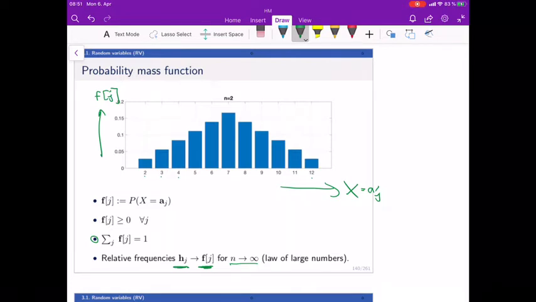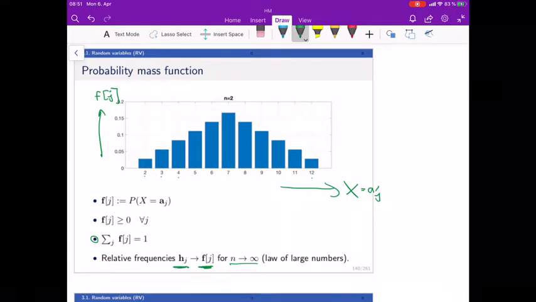So people take a big sample to determine something, and then they calculate the relative frequency, and that's what we assume is the probability mass function, with a small error that we can control by the size of the sample.